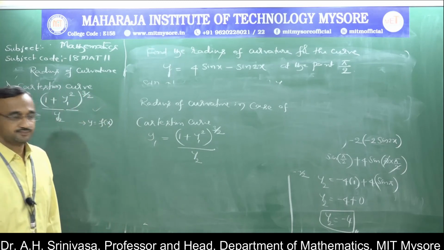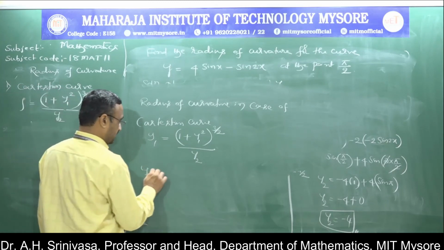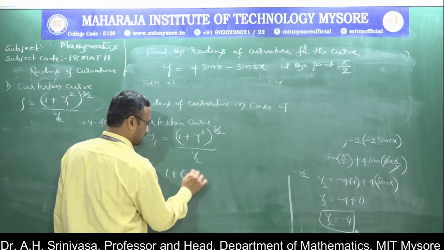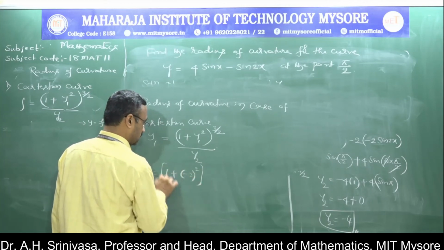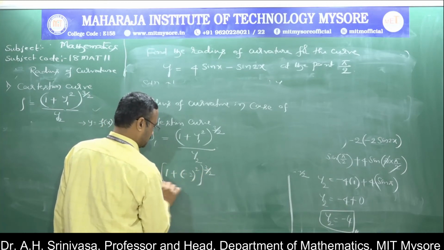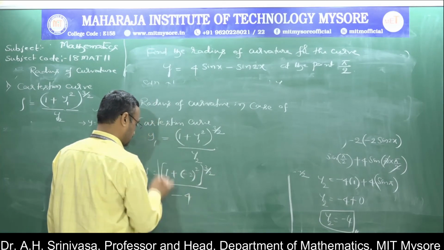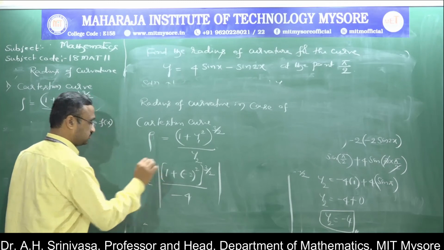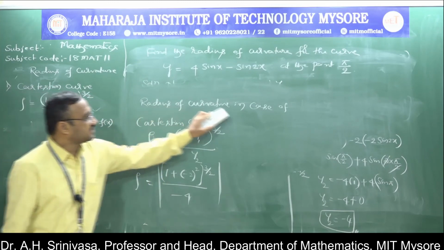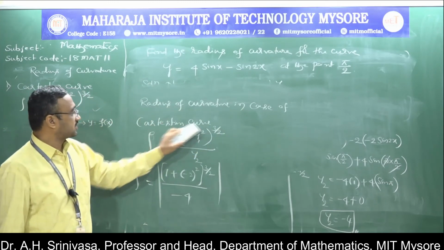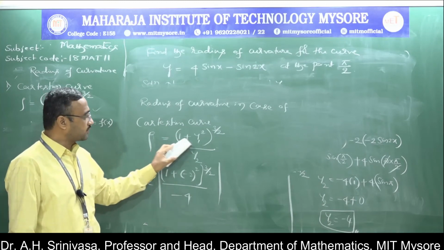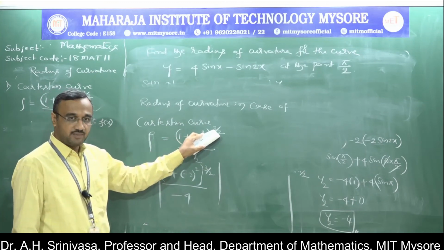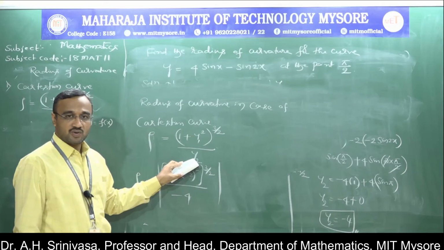Now y1 equal to 1 plus minus 2 whole square, then whole power 3 by 2 divided by minus 4. It is an absolute value. It is rho.